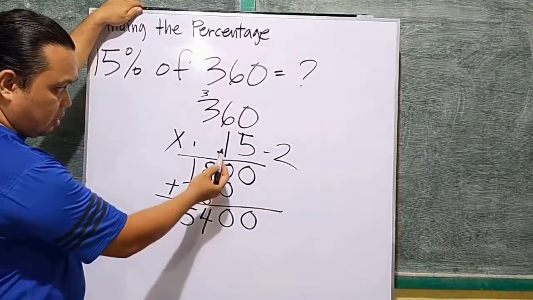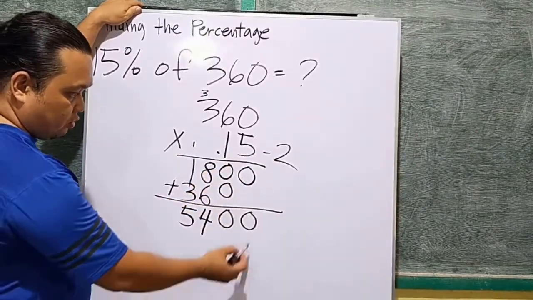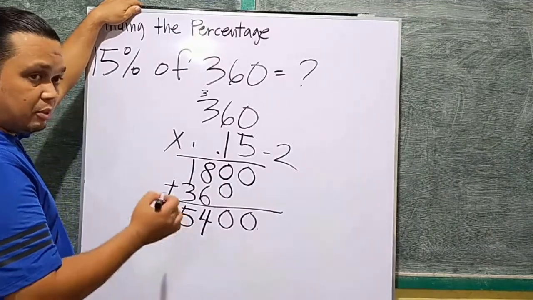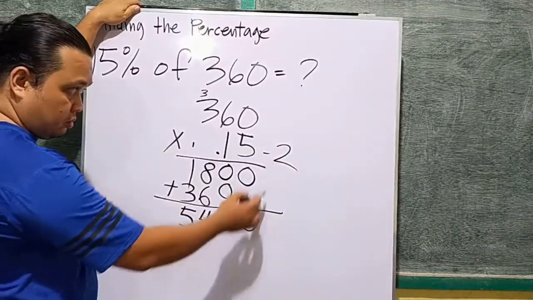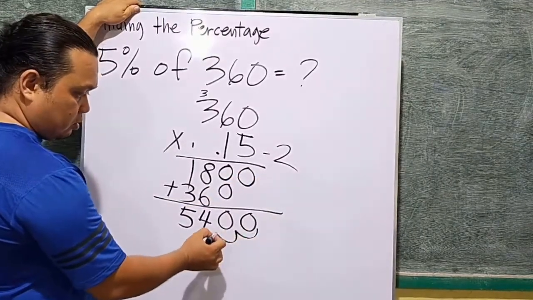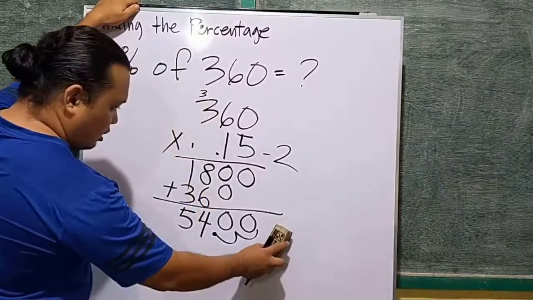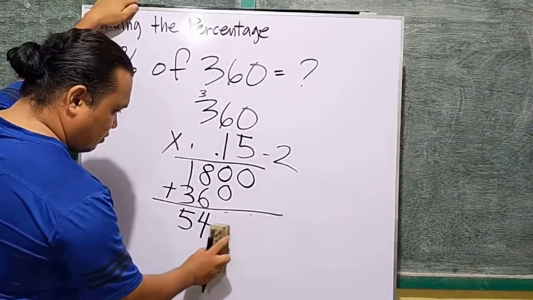Because 1, 2, we have 2 digits. So from here, we move our decimal point to the left 2 steps also. 1, 2. We have our decimal point here, and the answer is 54.